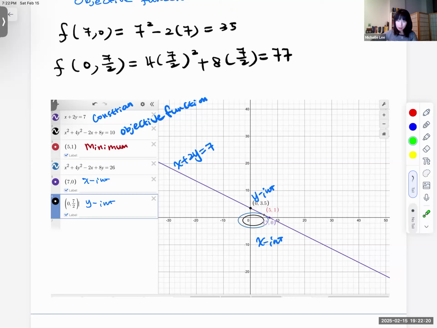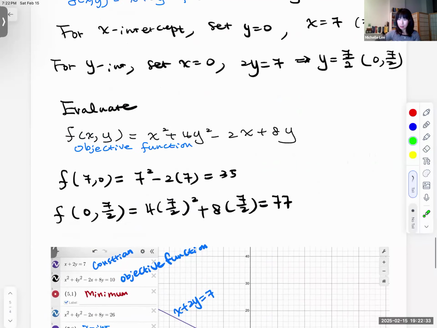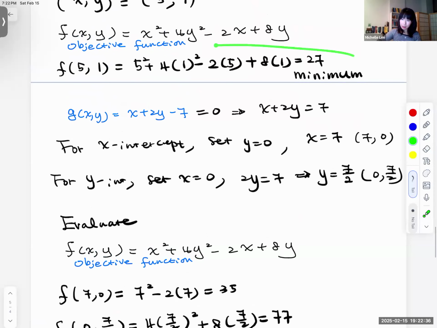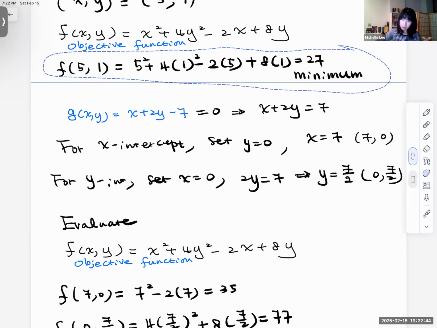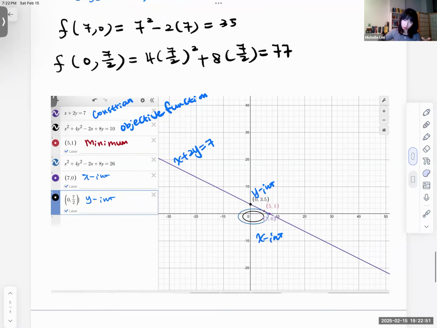And then the y-intercept, even though we evaluate (0, 3.5), which is 7 over 2, we also get a larger value. So we can conclude, hey, this is to make sure this 27 is the minimum. Make sense? That is why we pick the x-intercept and y-intercept, right? So this is for sure the minimum.